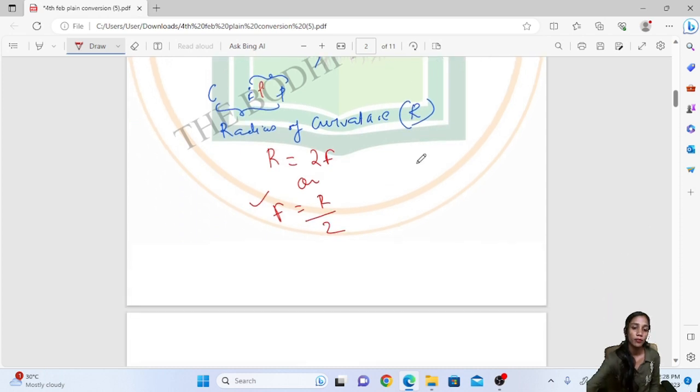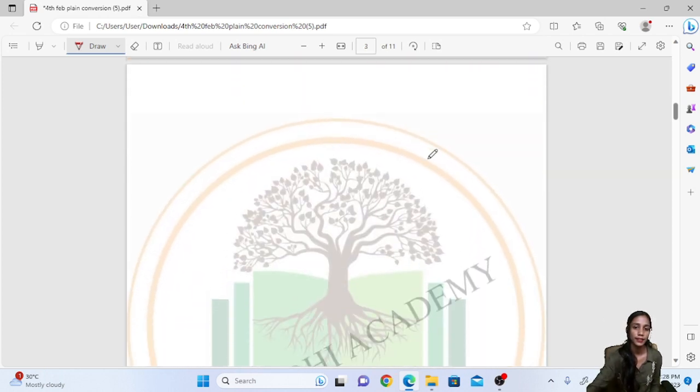So if a problem is asked wherein they say that the radius of curvature R of a mirror is 8 centimeter, what will be its focal length? How do you do this?